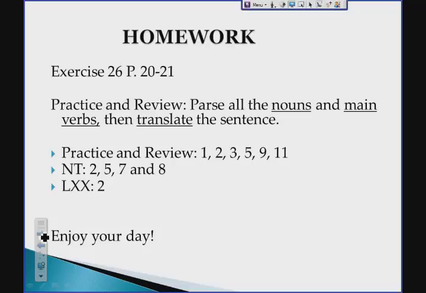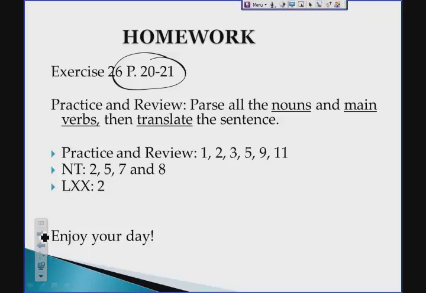Practice and review, pages 18, 19, 20 and 21, sorry. Okay? So go there in that practice and review, parse all the nouns and main verbs. Then translate the sentence. Which sentences am I talking about? Practice and review. Sentences 1, 2, 3, 5, 9, and 11.